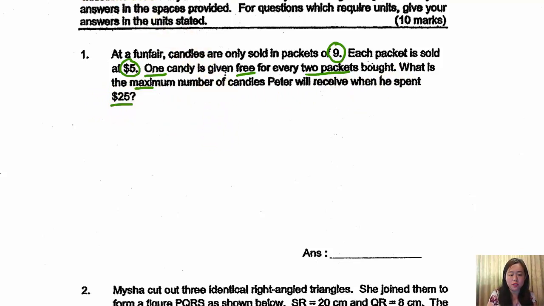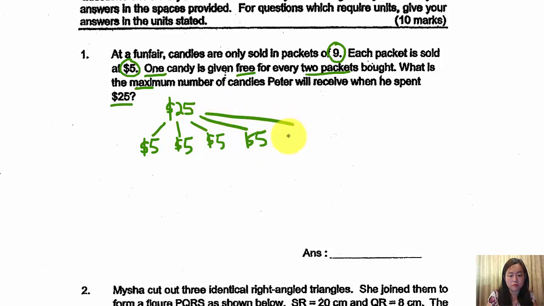To help you understand this question, I wanted to draw something for you first. You have $25 now, and you know that one packet is $5. So for every $5, you are able to buy one packet. For every 2 packets bought, there will be one candy for free.